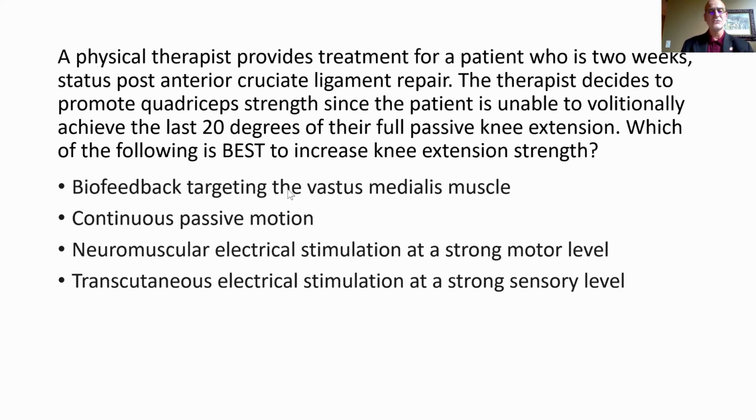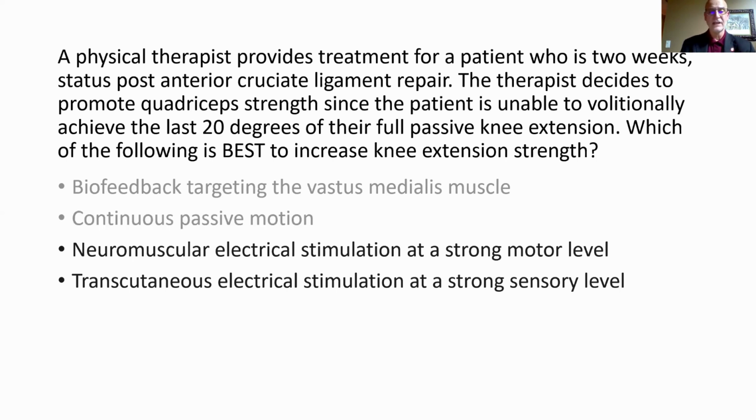One of the things you should not do is biofeedback for targeting the vastus medialis. There's really no evidence for that. And of course, if you're thinking about their impairment, it is being able to activate their quadriceps in that last 20 degrees. And continuous passive motion, of course, would not do that.